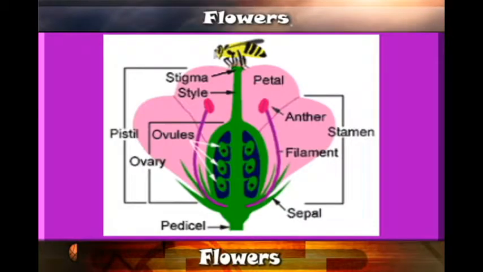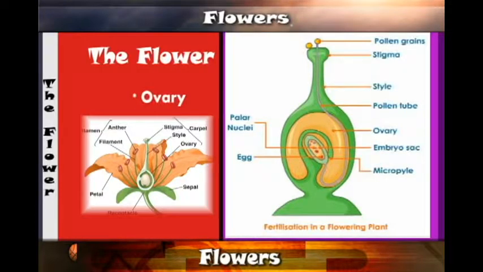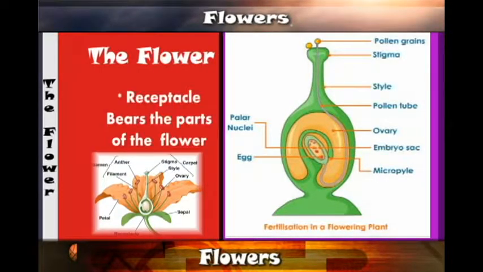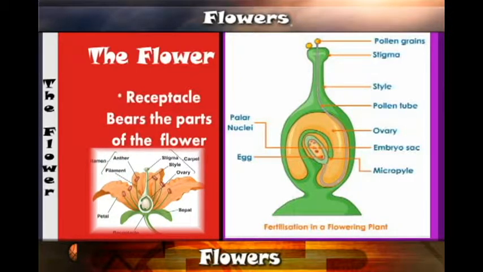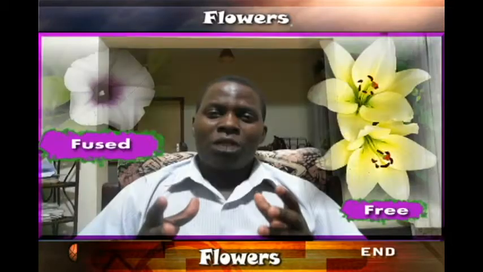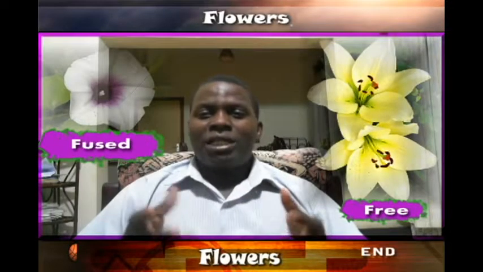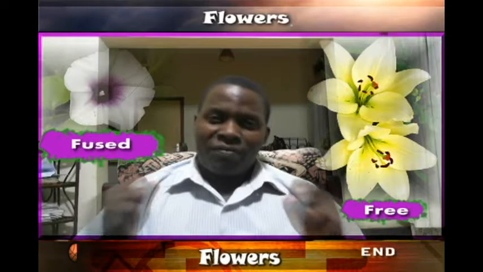We looked at the anthers, the filaments, stigma, ovary, receptacle, and the pedicel. So next time when we come back, we shall look at the terms that are used to describe the flower.